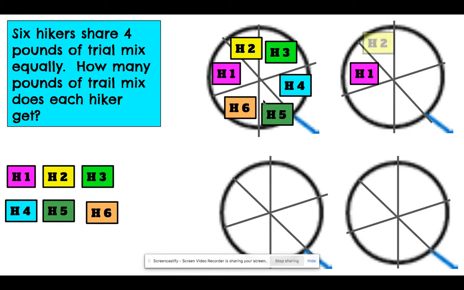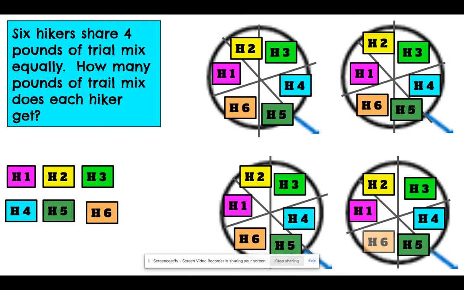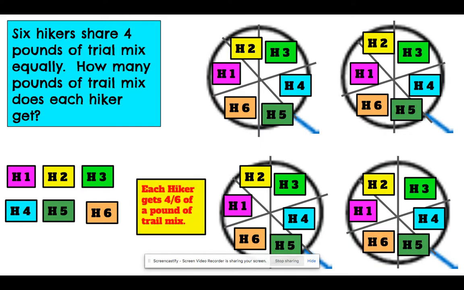But here we go. I'm just going to continue passing out slices of the pound. Hiker 1, hiker 2, hiker 3, hiker 4, hiker 5, hiker 6, making sure that each hiker gets an equal share of every pound of trail mix. So each hiker in this case will get 4/6 of a pound of trail mix, because the circle represents a pound and each slice is 1/6.